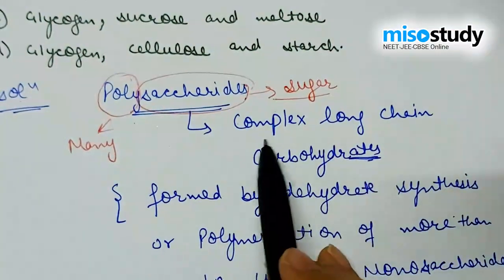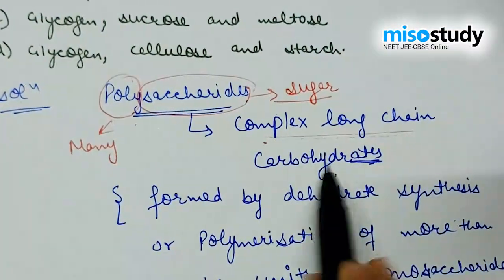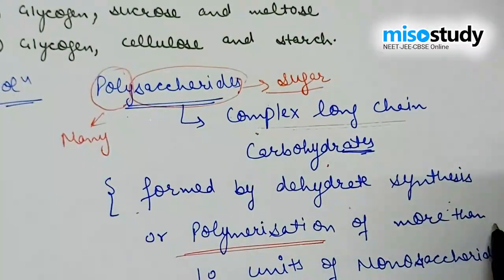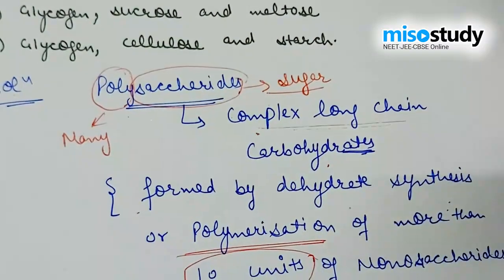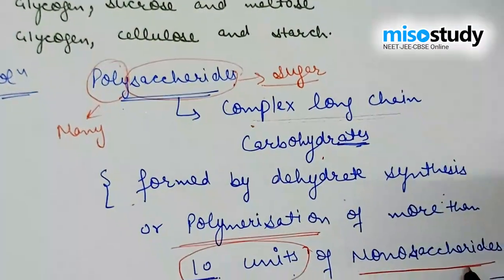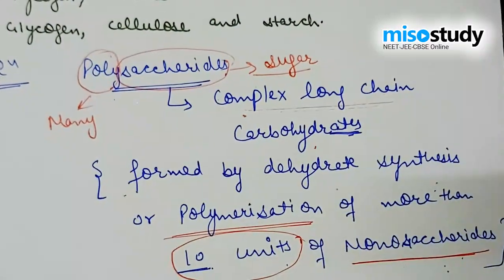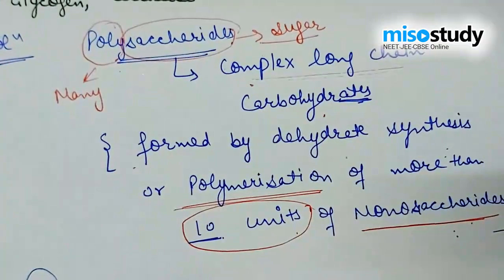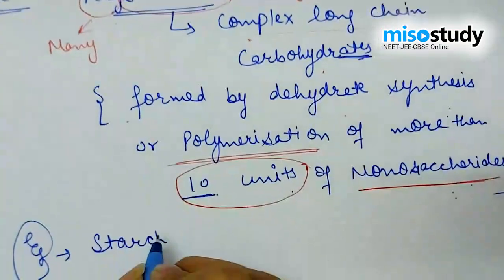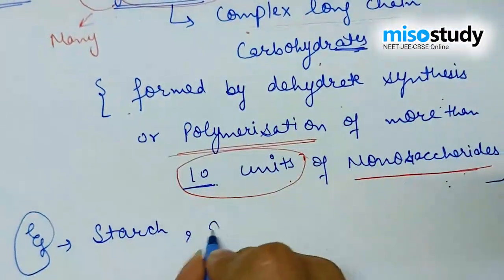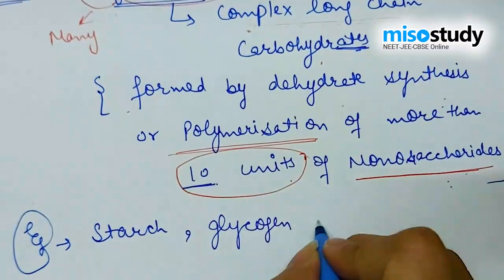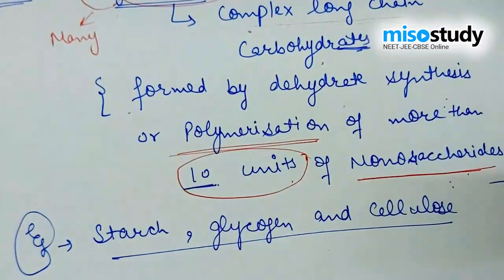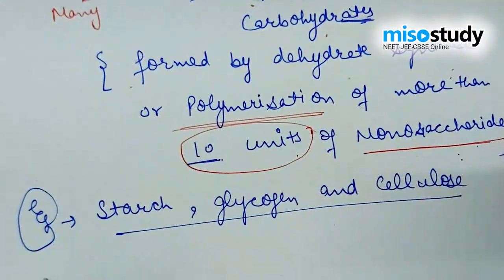It means a polysaccharide is a complex long chain carbohydrate generally formed by dehydration synthesis or polymerization, in which more than 10 or near to 10 units of monosaccharides are interlinked. Examples of polysaccharides are starch, glycogen and cellulose. All three are polysaccharides, and we will discuss them one by one.